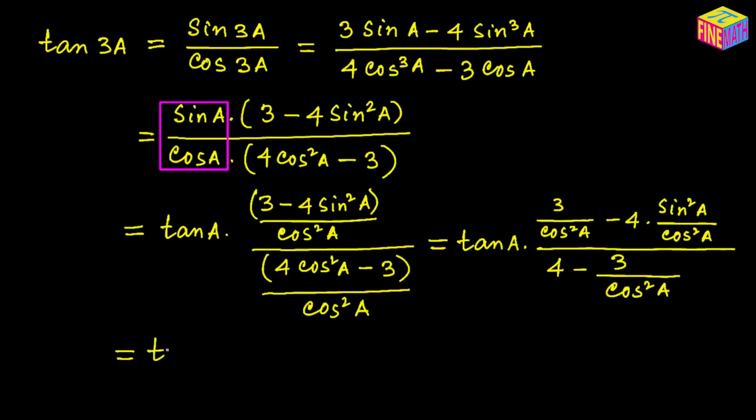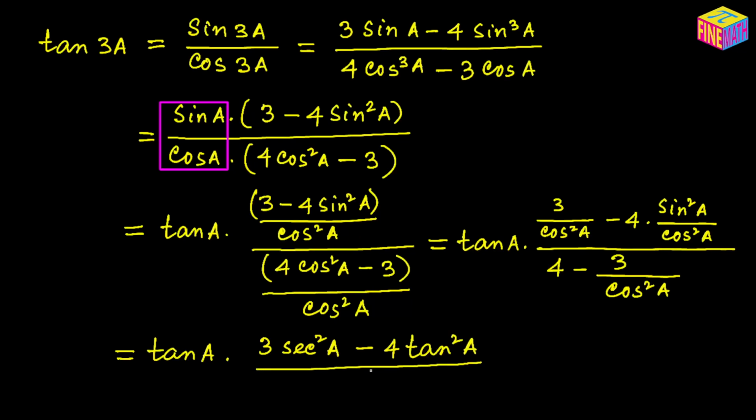This will be tangent of a times, in the numerator I am going to say that is 3 times secant square of a, think about it, and then minus 4 times tangent square of a, and then in the denominator we get 4 minus 3 times secant square of a, because 1 over cosine square of a is equal to secant square of a, because they are reciprocals of each other.